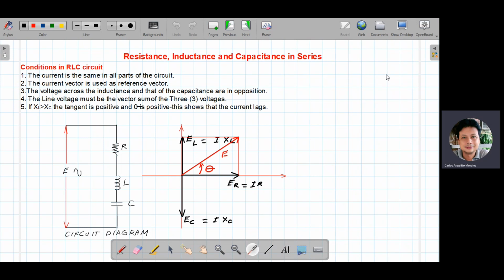Kaya yung Greek letter na theta ang hinahanap ko. Punta na ako sa open board.